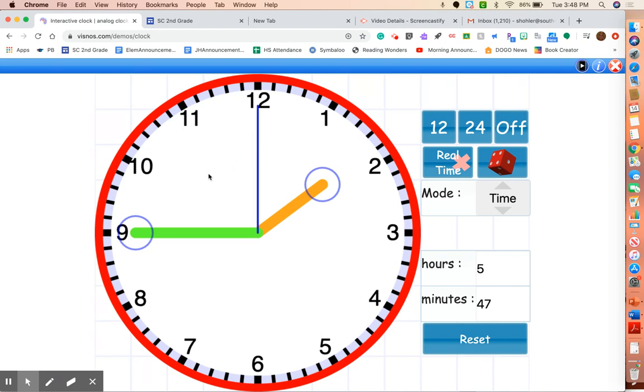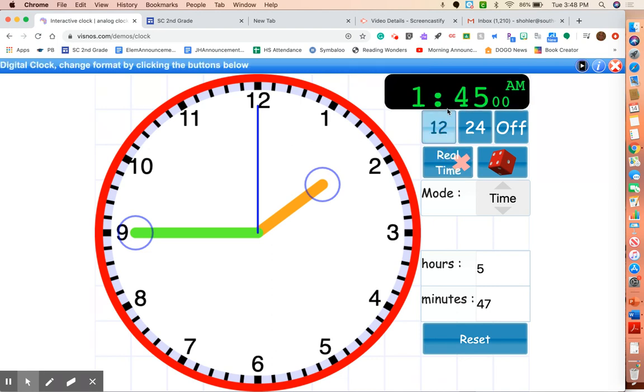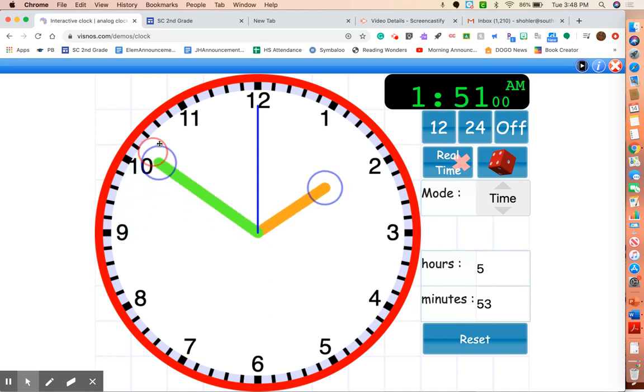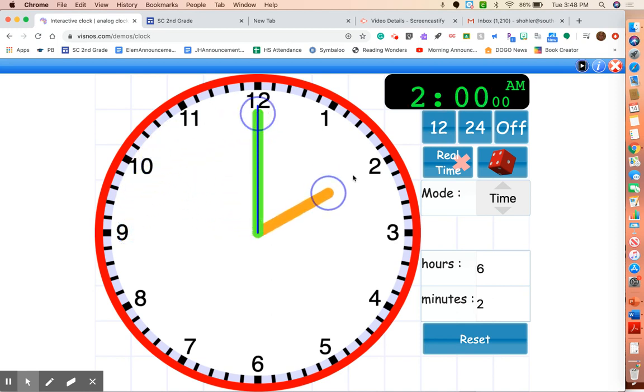And that's what's happening right now. So this time is 1:45, just like this clock says 1:45. But another way that you will hear somebody say the time, they might say, oh, it's quarter to 2, because there's only 1 quarter left until that hour changes to the 2 o'clock hour.